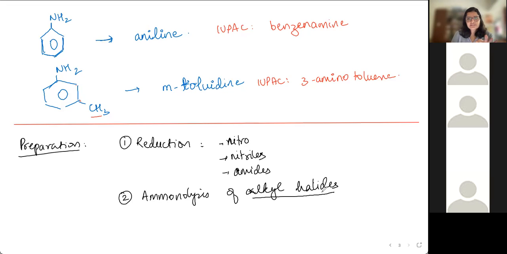If you do hydrolysis, make it react with water or OH containing compounds, you end up getting alcohols. So instead, make it react with ammonia, and NH2 gets substituted in that compound in place of the halide. So that's what ammonolysis is. You take ammonia and you break that compound, so you introduce NH2 in it. Then you have the Hoffmann bromamide degradation reaction.